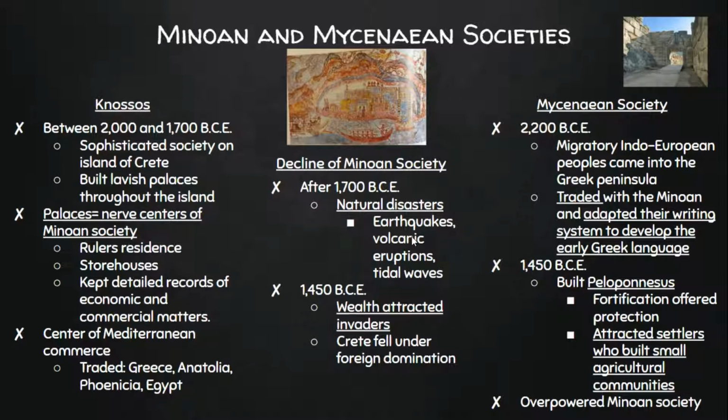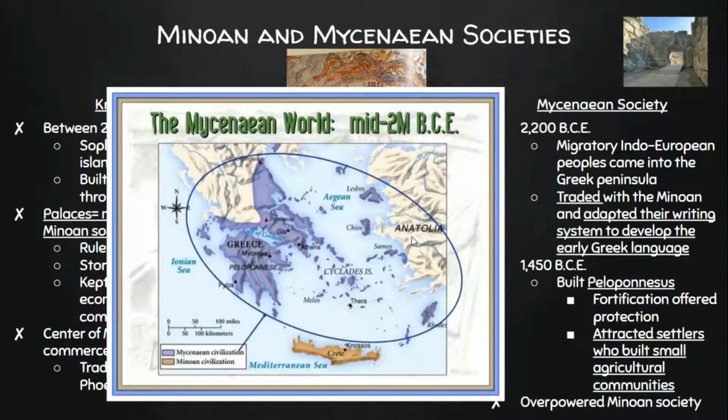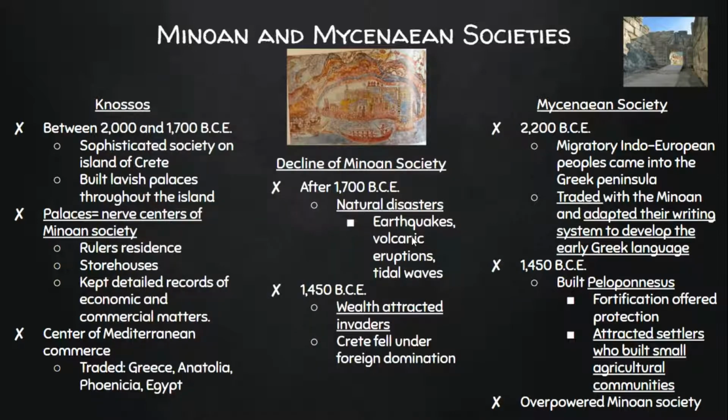And they centered their economy and their lives all around commerce, aka trading, specifically trading with the Greek peninsula, with Anatolia, Phoenicia, Egypt, etc.